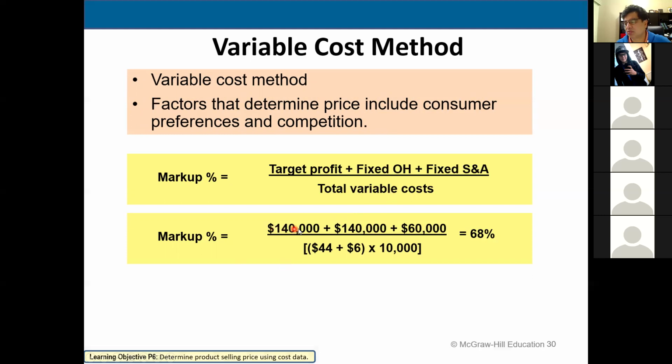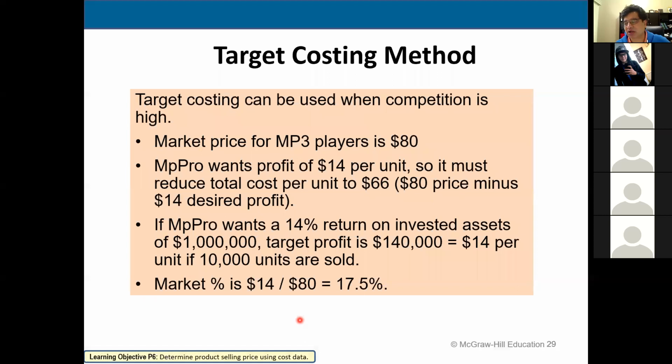So you've got the target profit, fixed overhead, fixed selling administrative overhead. Compared to the variable cost, the markup is 68%. So you can also say that, okay, you want a 70% markup on the variable cost, if that suits you. So it depends.